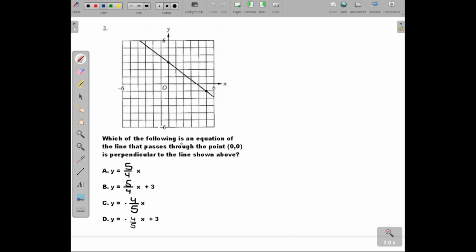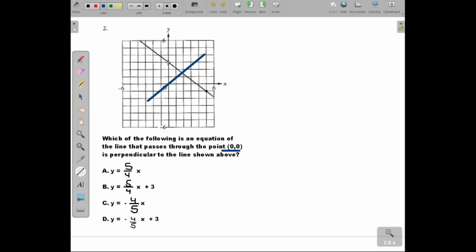Which of the following is an equation of the line that passes through the point 0, 0, or the origin, and is perpendicular to the line shown above? So we have this line, and there's another line that passes through the origin, or the point 0, 0, and it's perpendicular to this line.